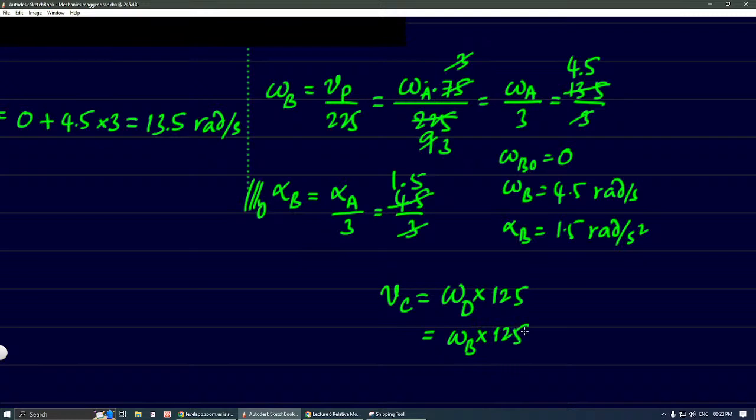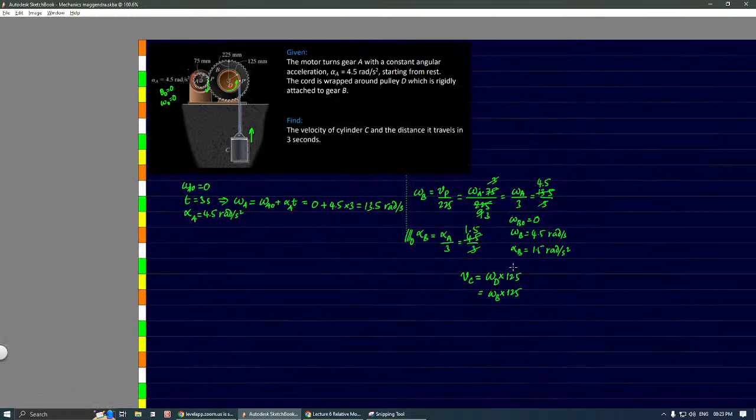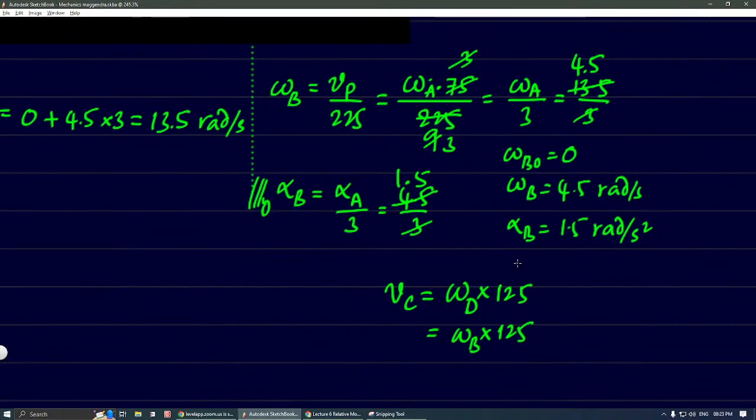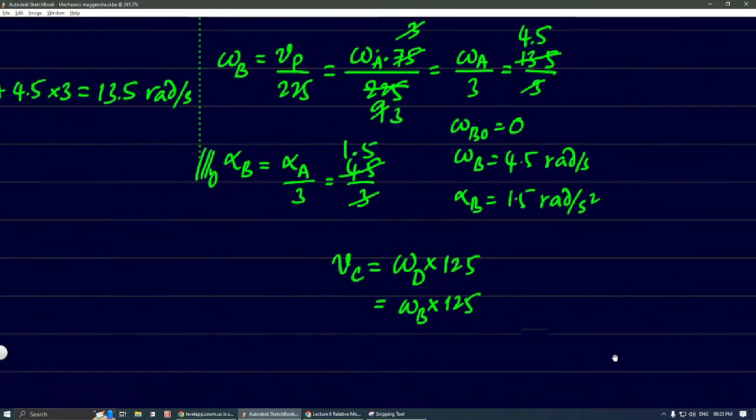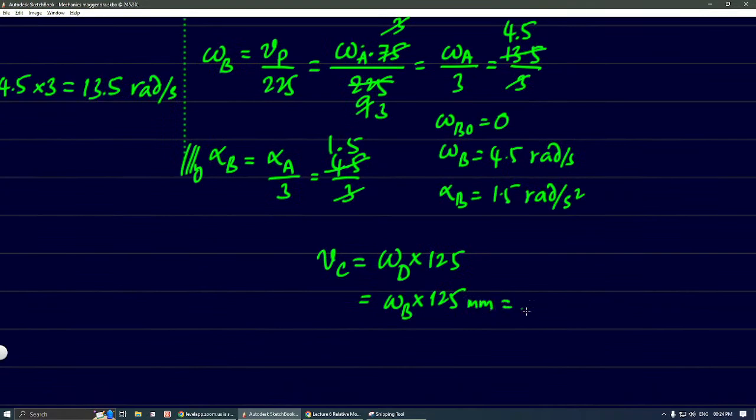So into 125 mm. So substitute omega B also. What do we get? 4.5 into 125.